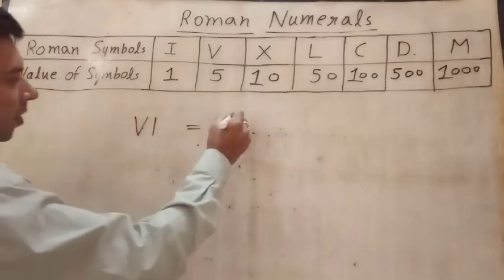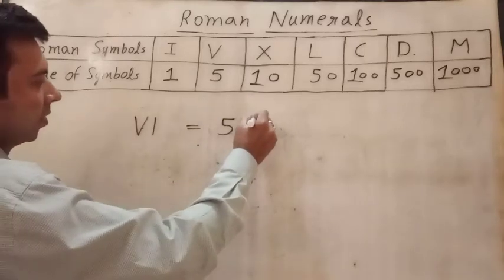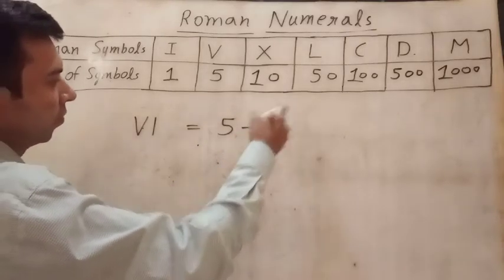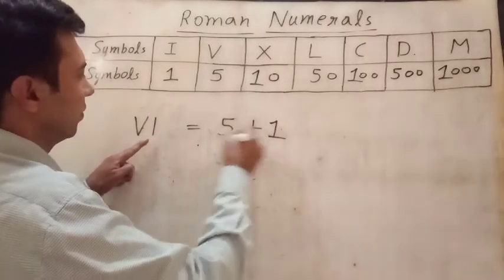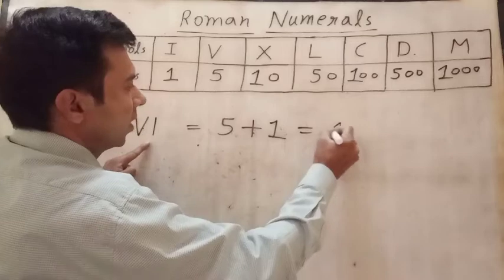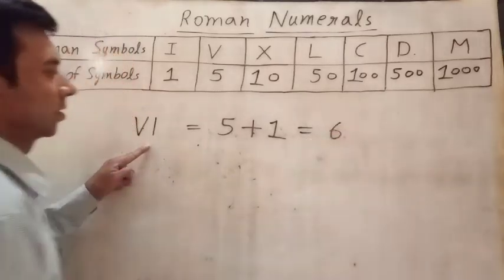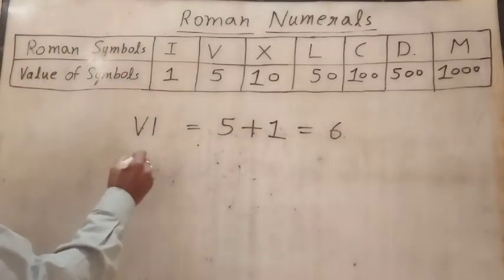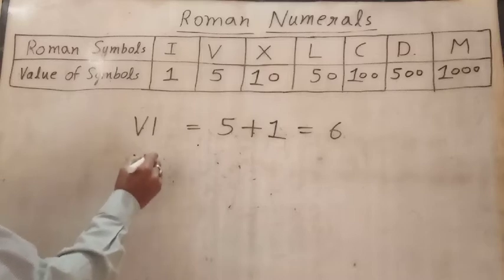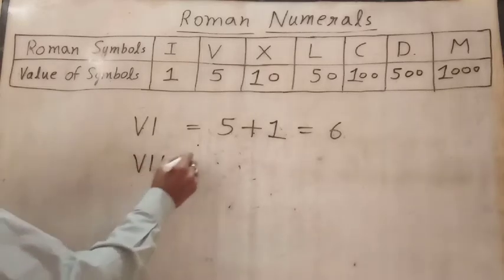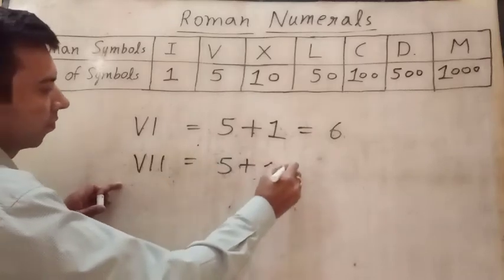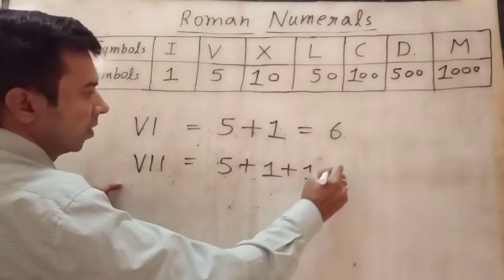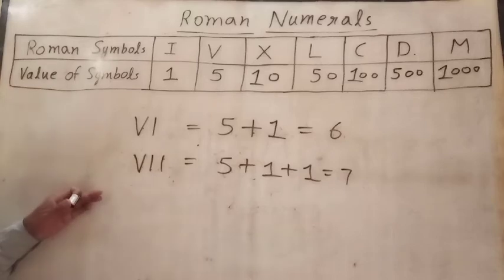The value of V is 5. So we add 1 in 5 and we get 6. See, VII: 5 plus 1 plus 1, 7.